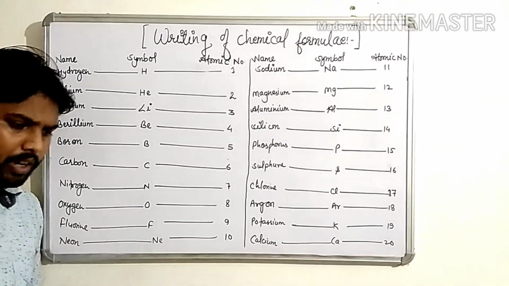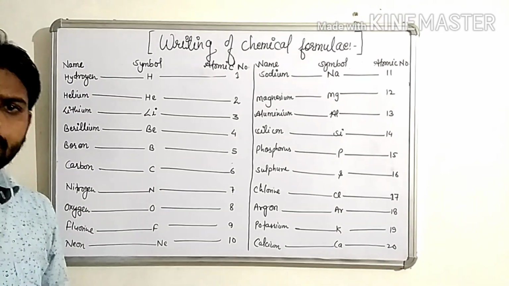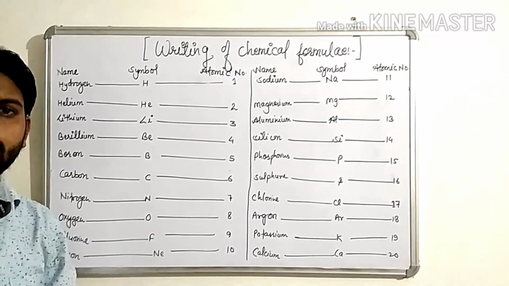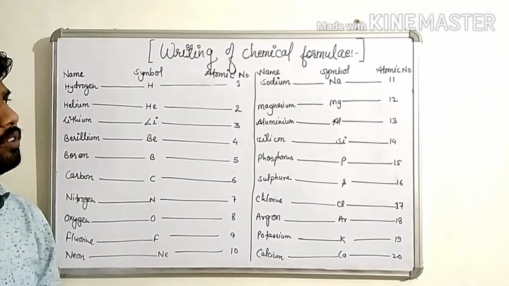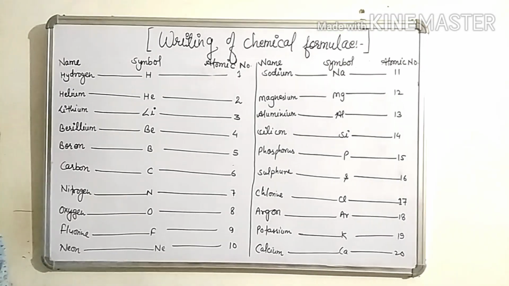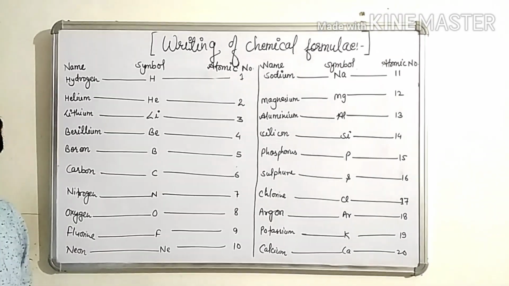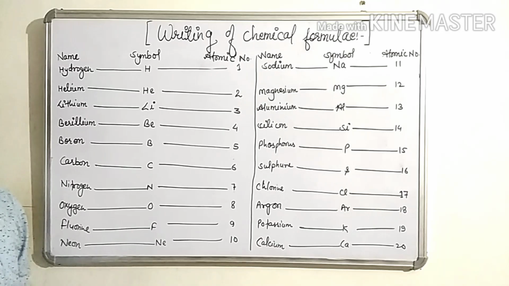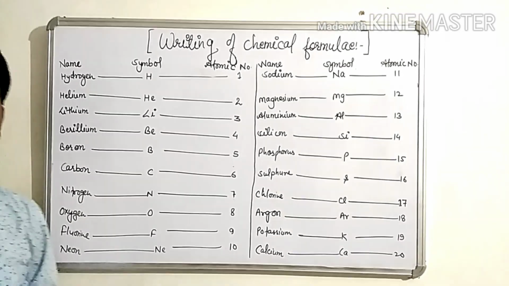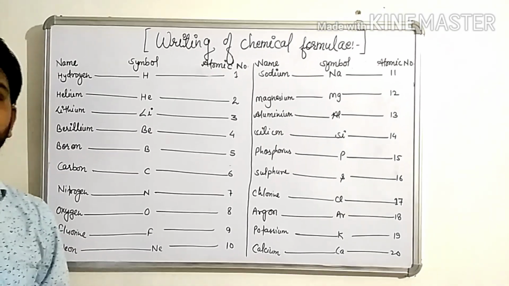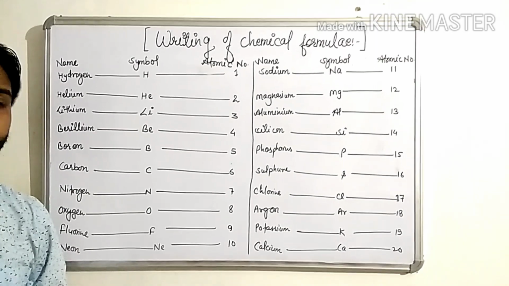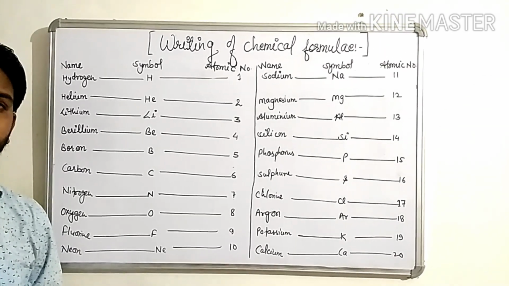Okay, children, this topic is very important for you because this topic will help you to understand chemical reactions and equations which you study in further classes. Okay, so before knowing chemical formula, you should know some basic terms related to that.